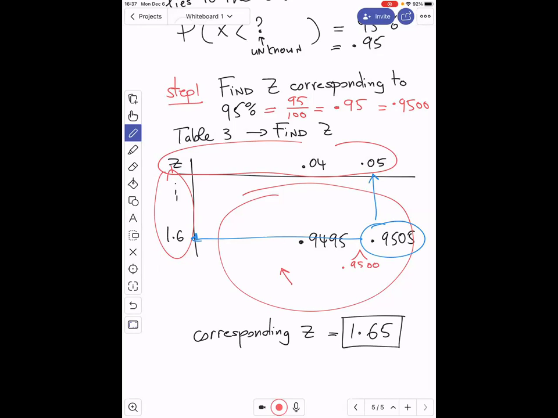Again, the 0.95 is not the value of Z. That's the area to the left, or the probability, right?